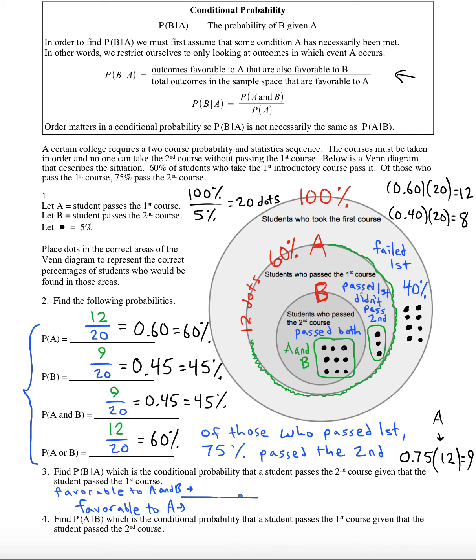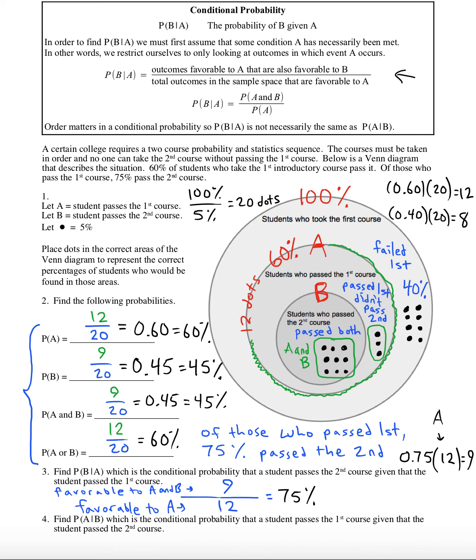So, how many are favorable to just A? 12. 12 people passed the first course. How many of those are favorable to both A and B? That's the middle bubble. 9. So what is the probability of B given A? 75%.